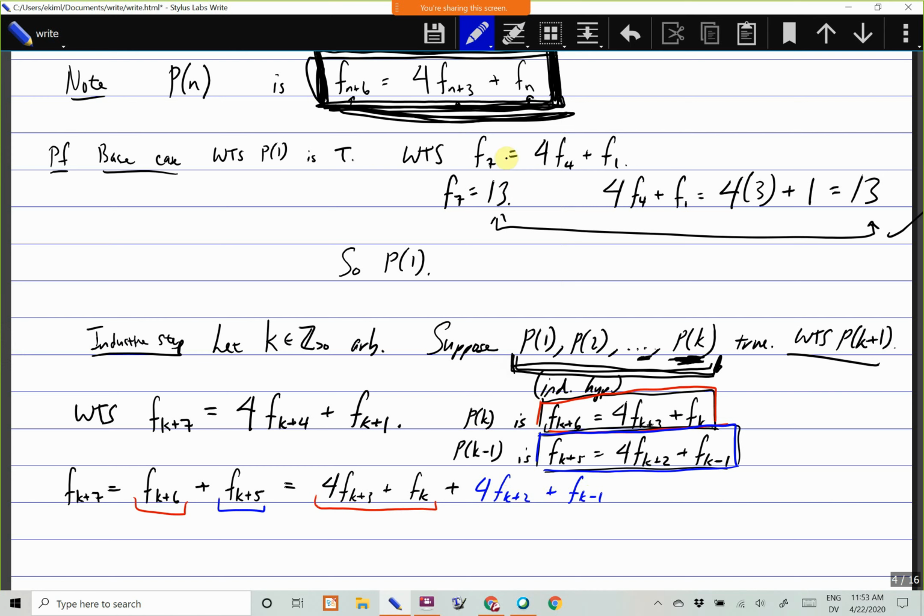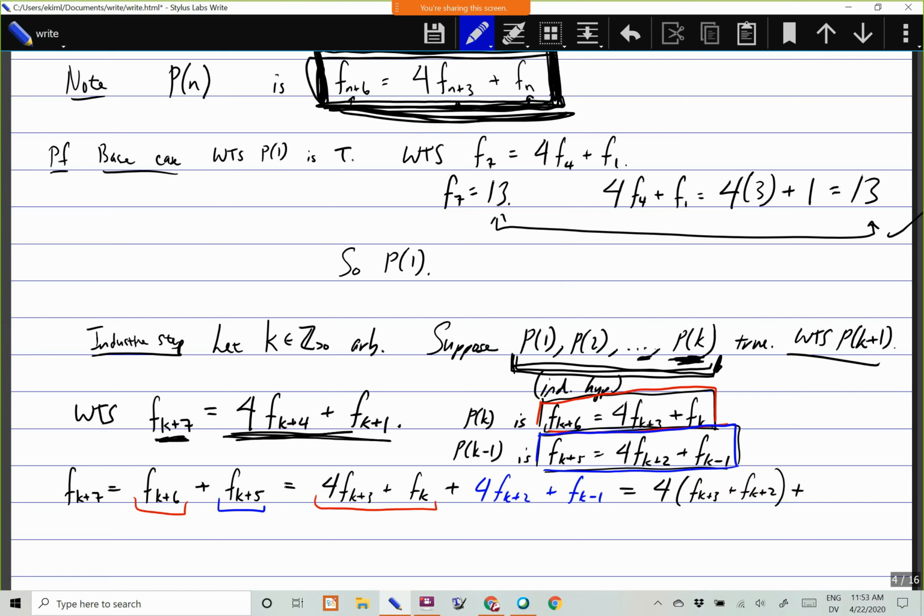And now, let's think about what our goal is. Oh yeah, we started with this. We're trying to get to that. So here's what I think we should do. We should take the two terms that have 4 and factor out a 4. So 4 times quantity f sub k plus 3 plus f sub k plus 2.